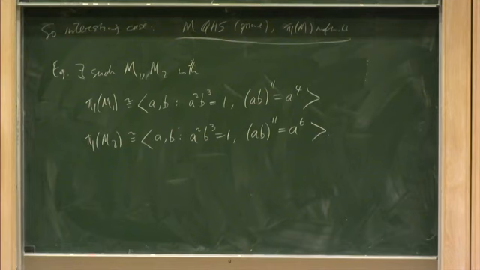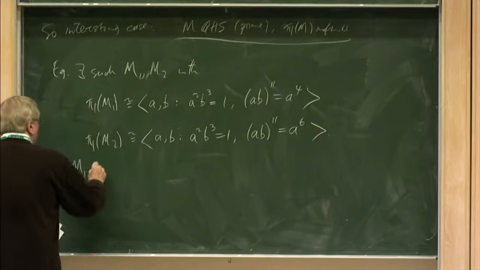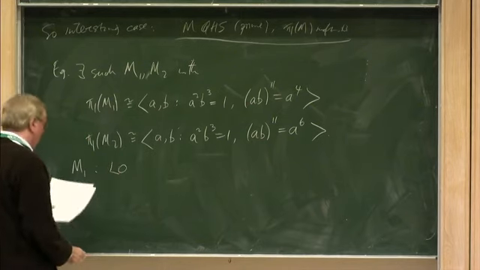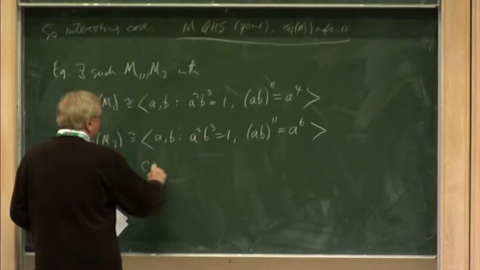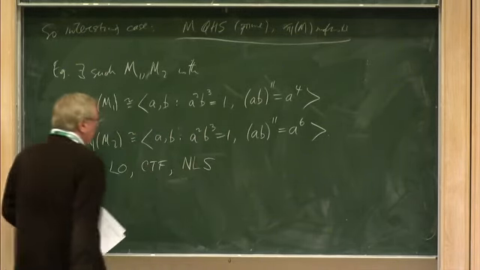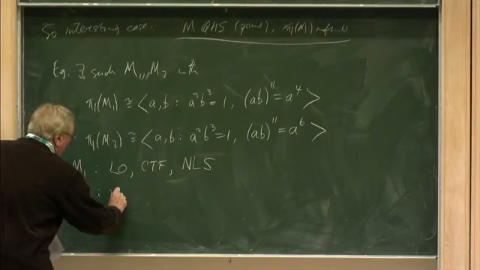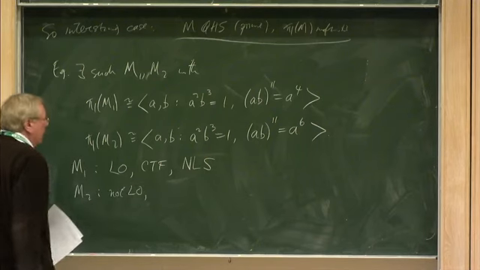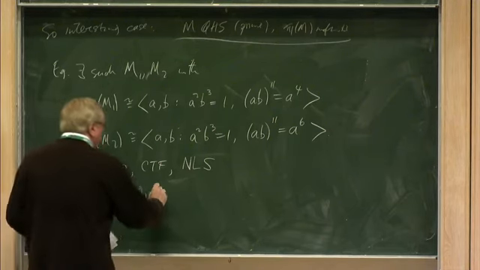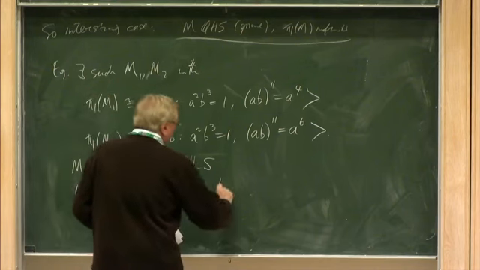Well, it turns out that for the first manifold, that group is left orderable. The manifold has a coorientable taut foliation, and it's not an L space. On the other hand, for the second, the group is not left orderable, and it doesn't have a coorientable taut foliation, and it is an L space.